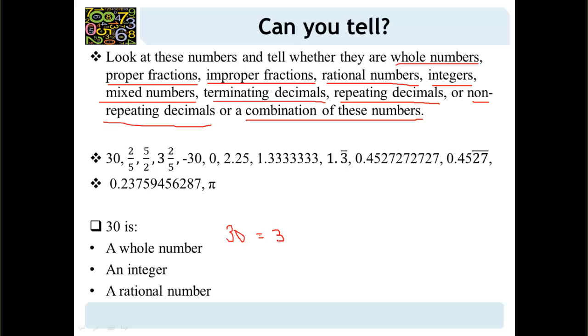That is how you write whole numbers as rational numbers. Remember, a rational number can be written as a over b, where a and b are integers and b is not equal to 0. In this case, a is 30 and b is 1. So 30 is a rational number.